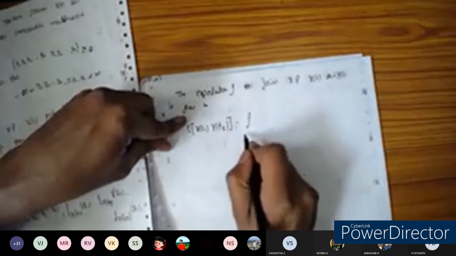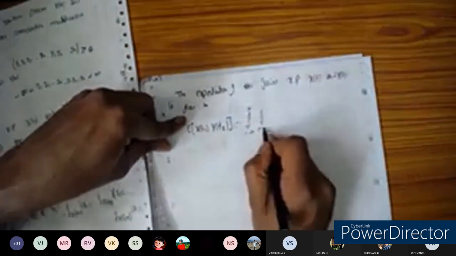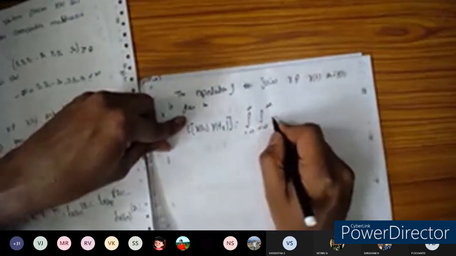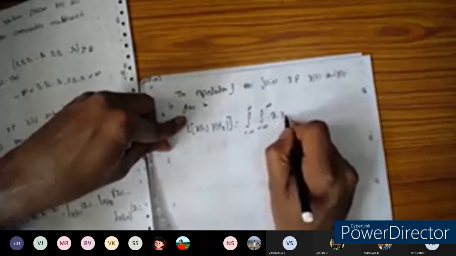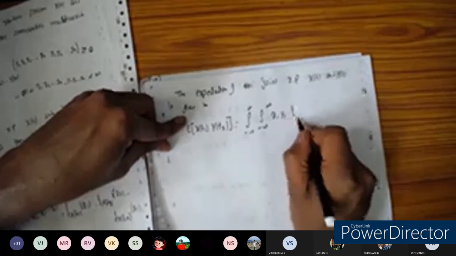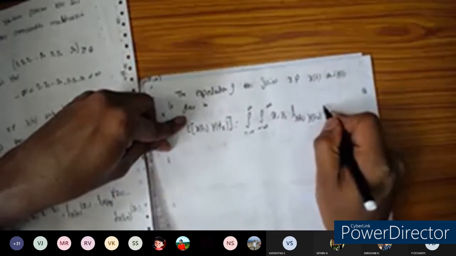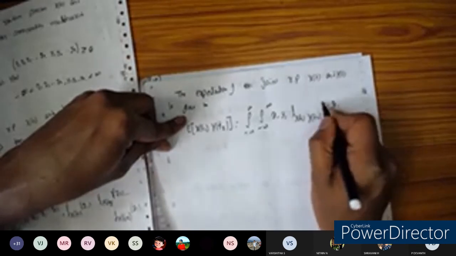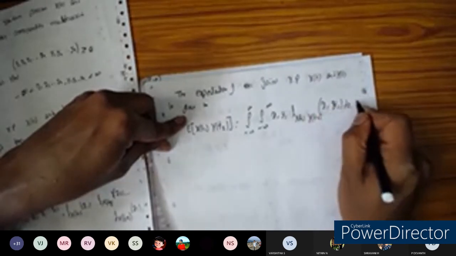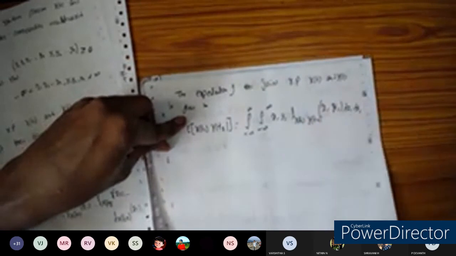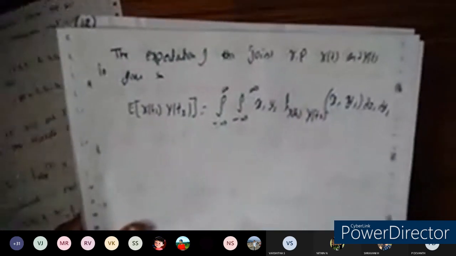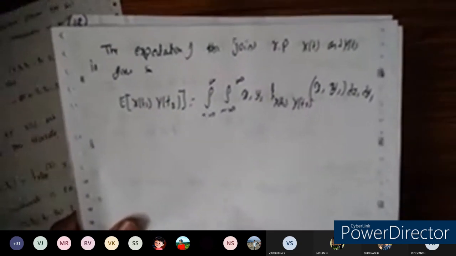So this is a double integral: x1, y1, f of x of t1, y of t2 of x1, y1 into dx1 into dy1. This is the expectation of the two random variables we have considered.